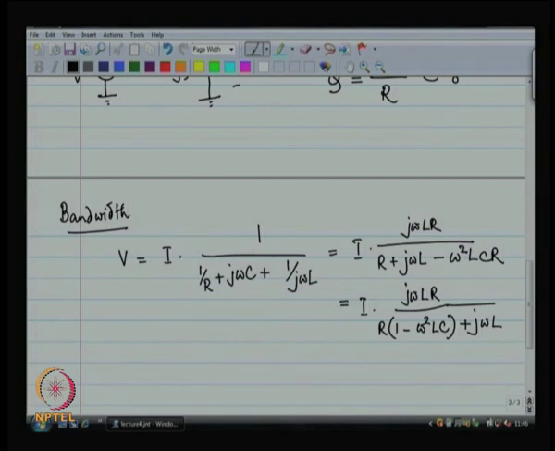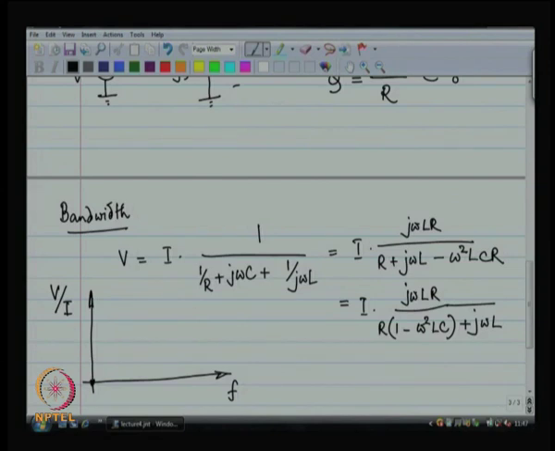Now, if I ask you what is the bandwidth, so I can plot V by I as a function of frequency, and at low frequencies at DC V by I is going to be 0 because omega is 0.